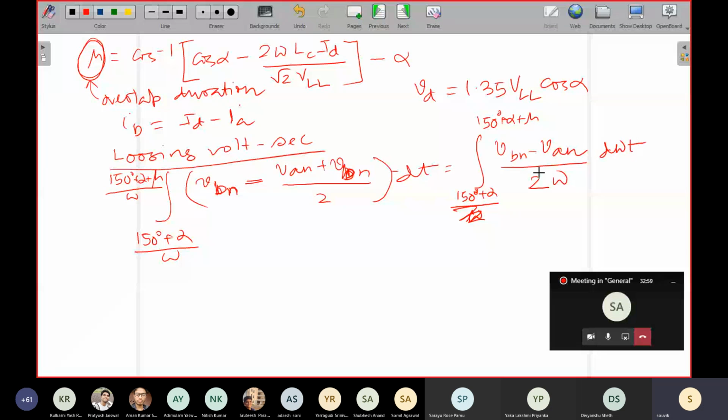So if I do this integration, I will get the volt second. So what is VB minus VA?